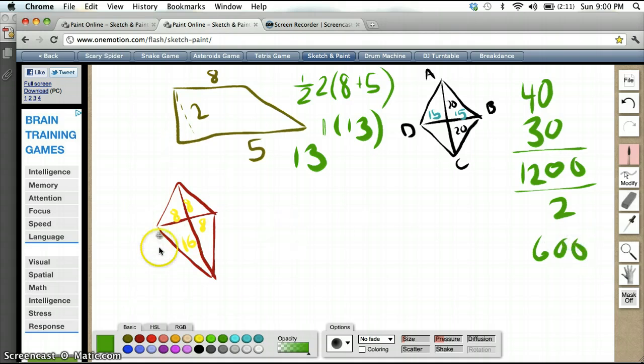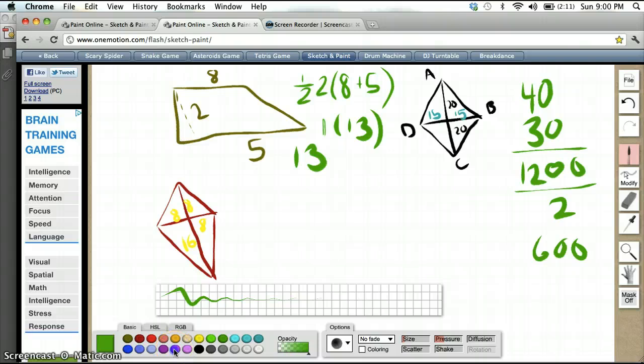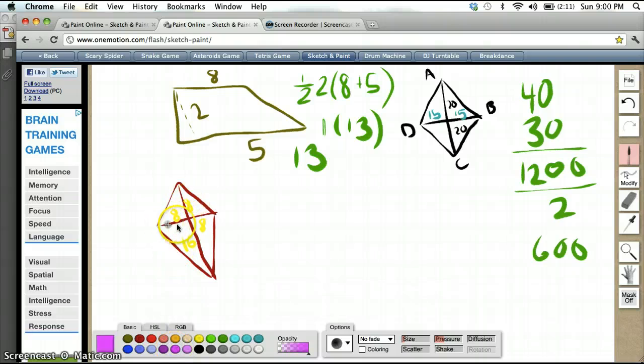Now let's go over here to our kite. In our kite, the diameters are not congruent. So this side's 16 and this one's 8. It's still 1/2 diameter 1 times diameter 2. So 8 plus 8, because one side of this diameter is 8 and the other side is 8, so one of them is 16.